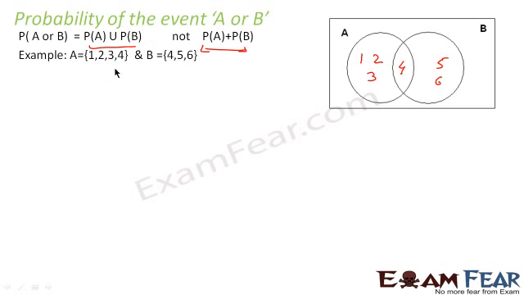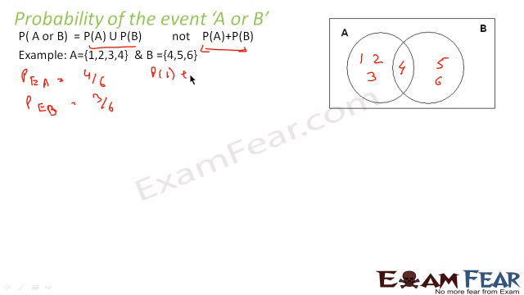So this is also a dice thrown. Now in this case, the probability of A is equal to 4 by 6 because there are 4 elements, and the probability of B is equal to 3 by 6 because there are 3 elements. Probability of A is equal to what?